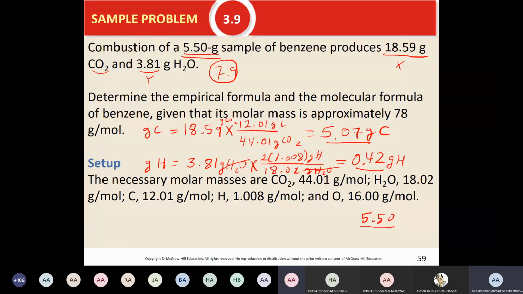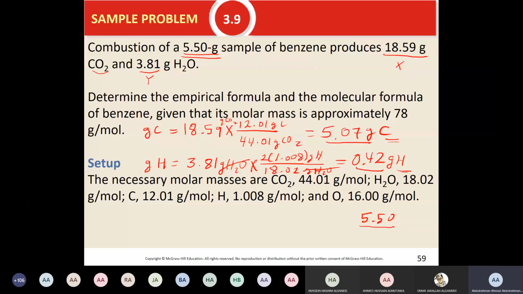Usually the oxygen, if there is oxygen. Is this clear? But in this example, it happened that the total is 5.50. This means the sample consists only of carbon and hydrogen.